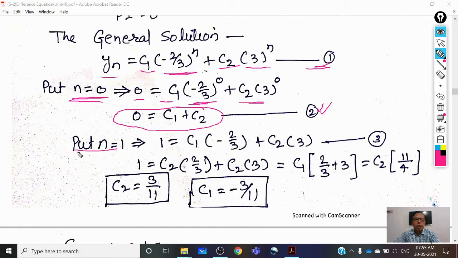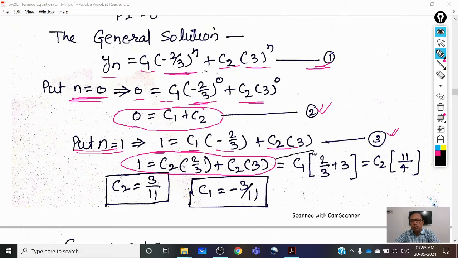Again, put n equal to 1 in equation 1, and we get 1 equal to C1 into minus 2 by 3 plus C2 into 3. Suppose that this is equation number 3. On simplifying, we have 1 equal to minus 2 by 3 C1 plus 3C2.